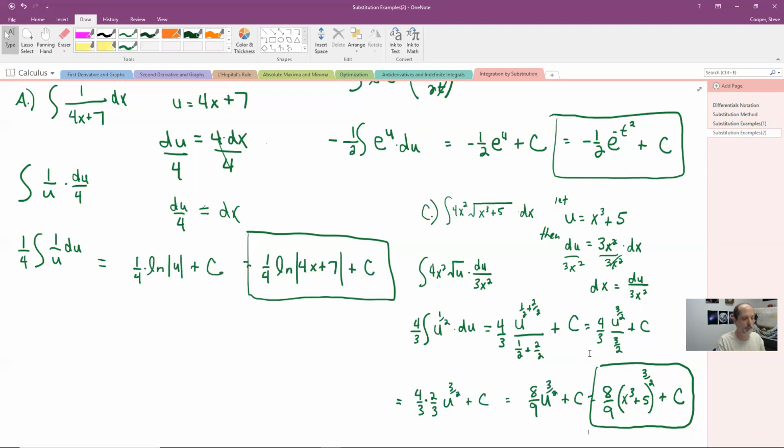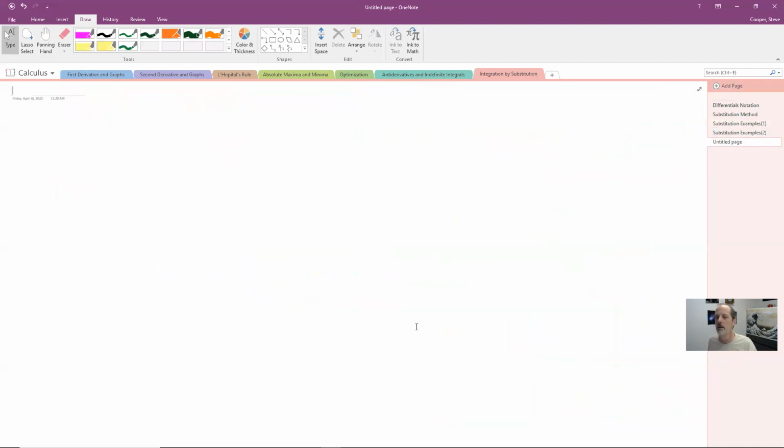Show you one more little trick that's a slight variation on these. Let me add a page. And let's say that I wanted to find the integral of x over square root of x plus 2 dx.